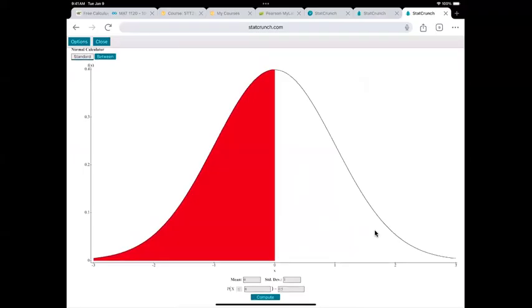Now we are dealing with the standard normal, so make sure that the mean is 0 and your standard deviation is 1.